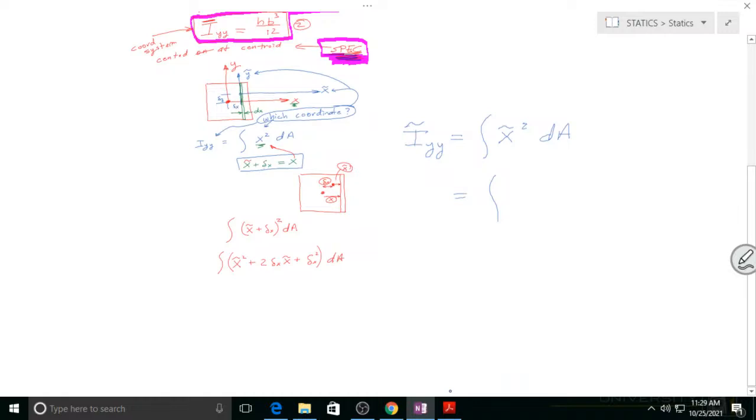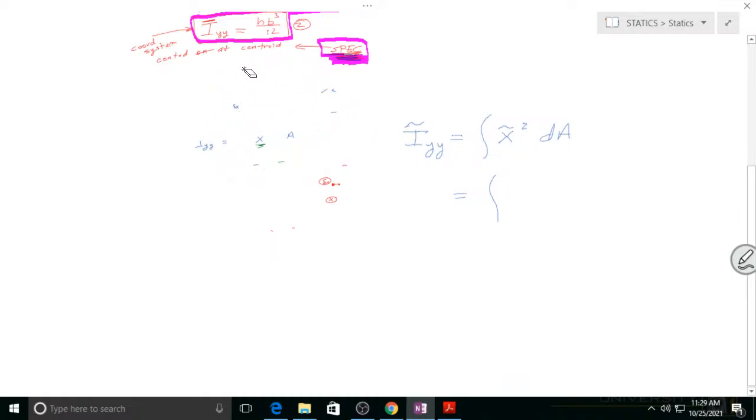Since his derivation was fine, I'm just going to stop what I was doing and go on from here and then use the Parallel Axis Theorem for this simple case.